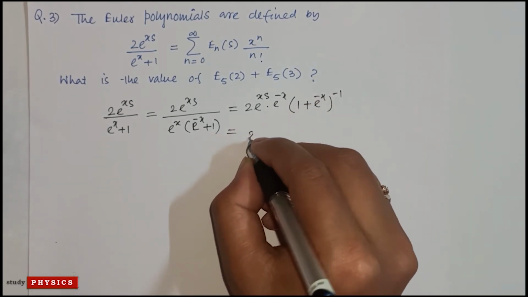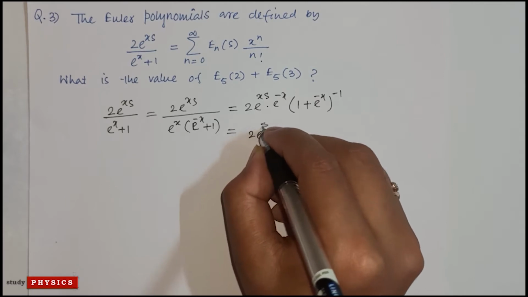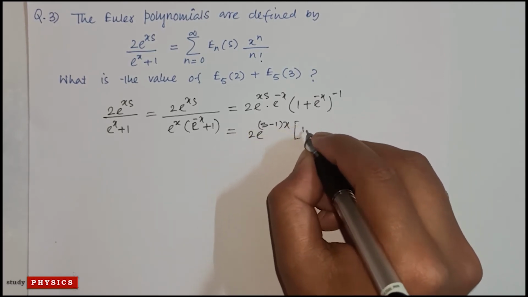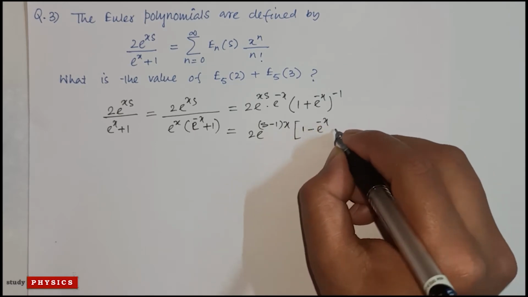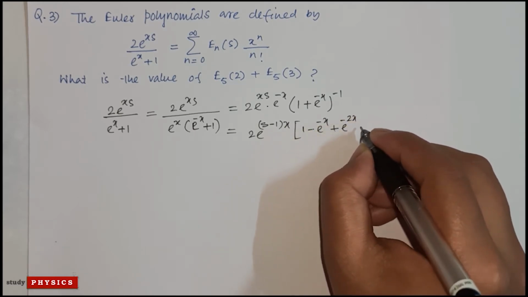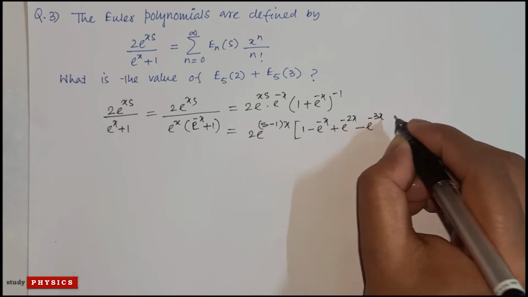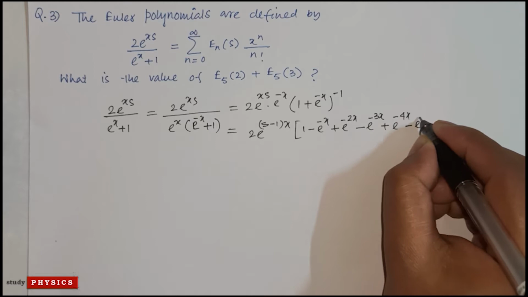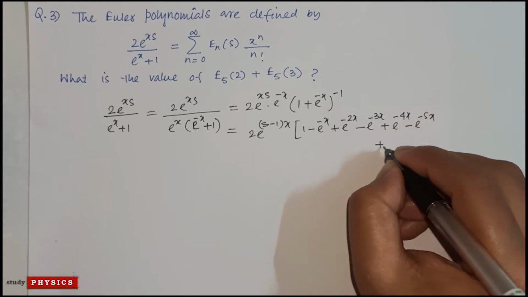So this is 2 e to the power (s minus 1)x, and this will be 1 minus e to the power minus x plus e to the power minus 2x minus e to the power minus 3x plus e to the power minus 4x minus e to the power minus 5x plus so on.